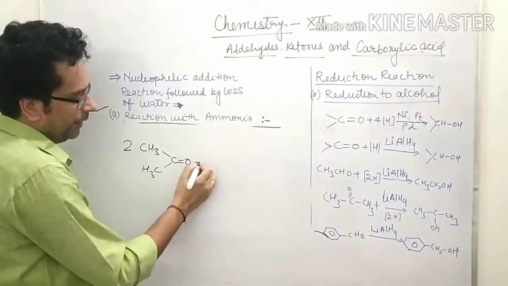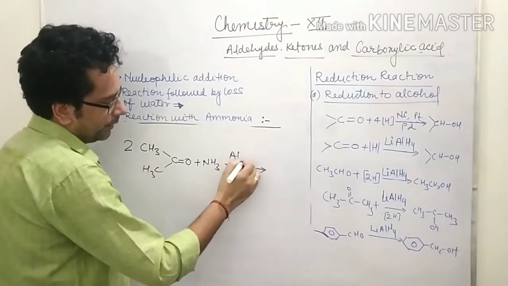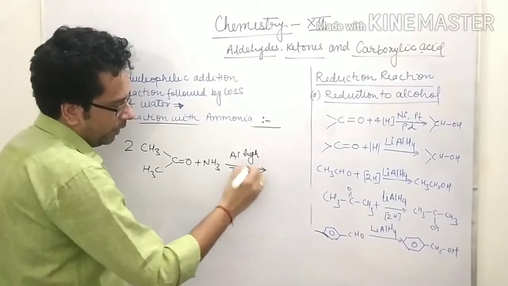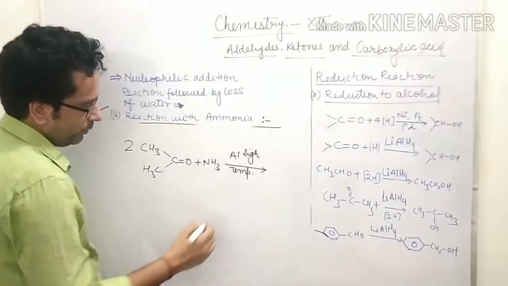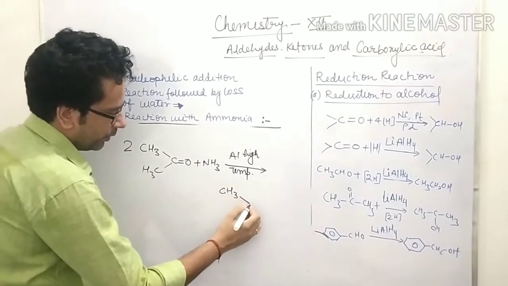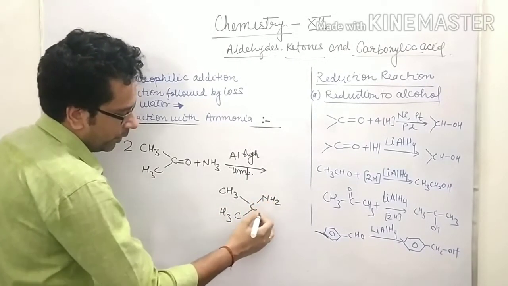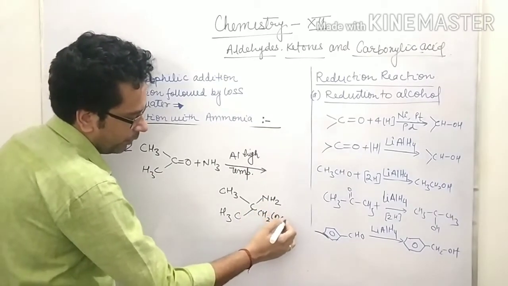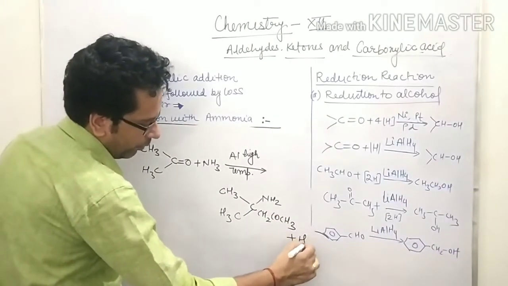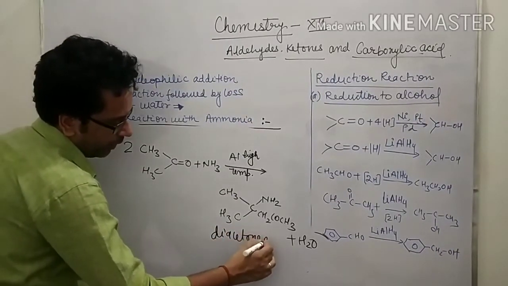Now when it reacts with ammonia at high temperature, it forms, look here, CH3 C CH3 NH2 CH2 CO CH3. By the removal of water, it is diacetone amine.